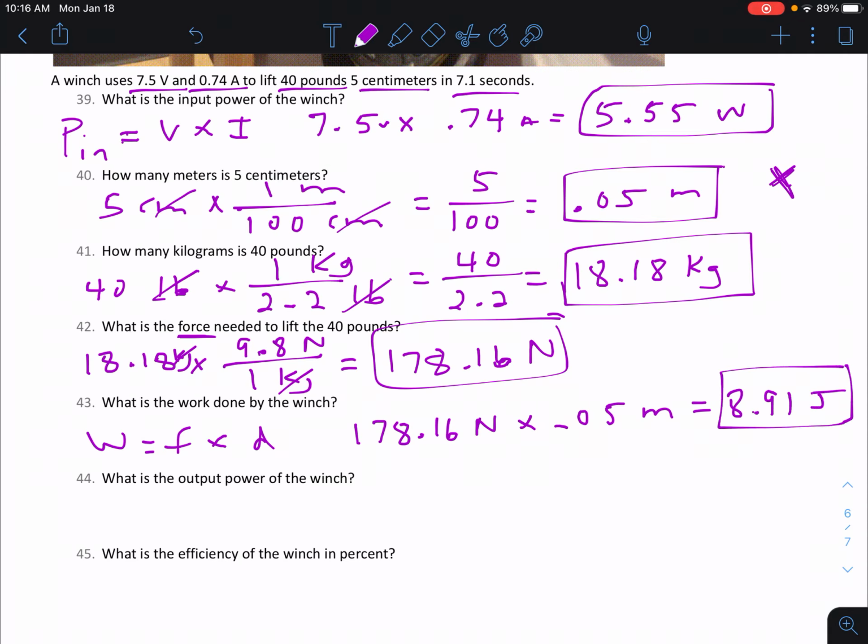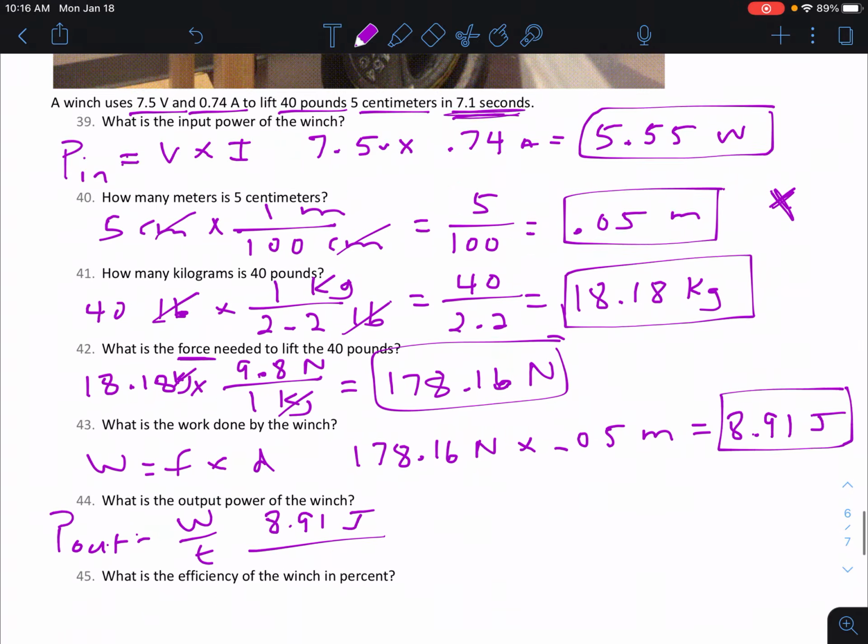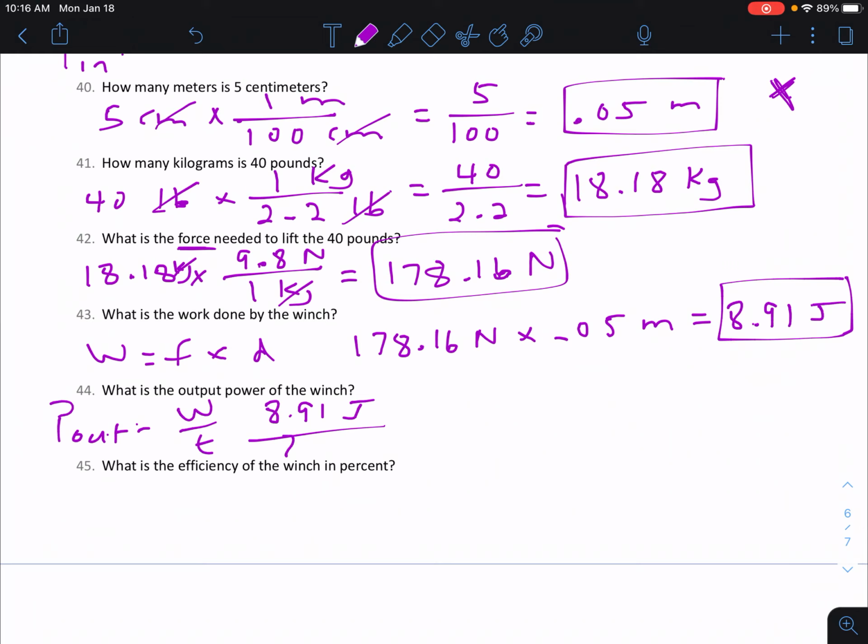What is the output power? Power out equals work divided by time. We just calculated the work, 8.91 joules, and the time was given up on the top here, 7.1 seconds. So that was given right in the problem itself.